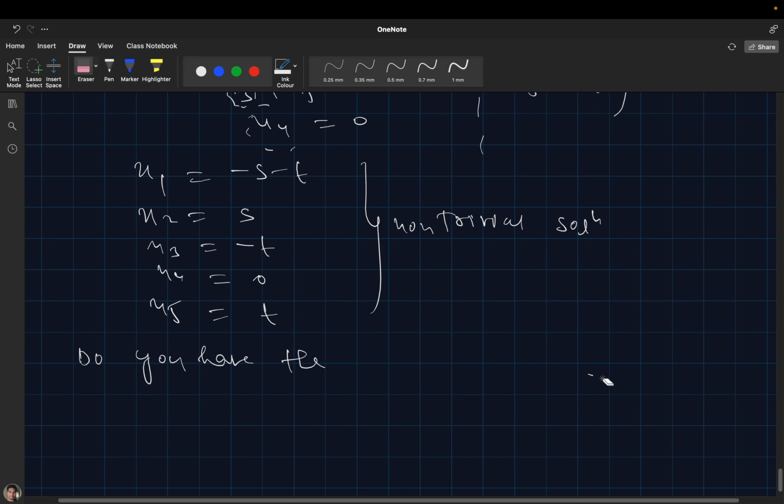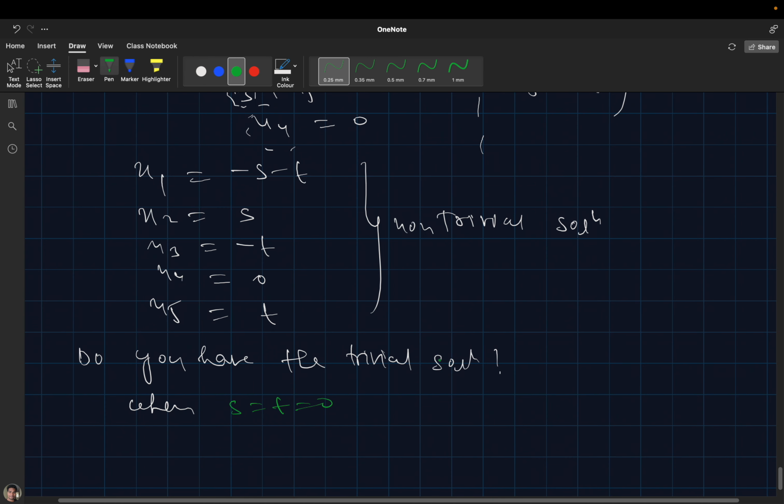Yes, when s equal to 0 and t equal to 0. Which means that the trivial solution is always hidden in the non-trivial solution.